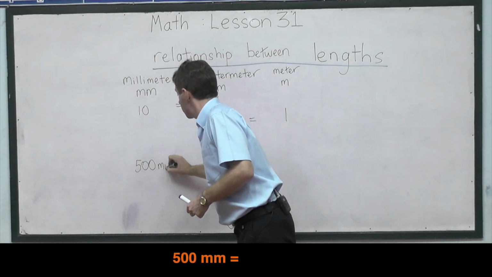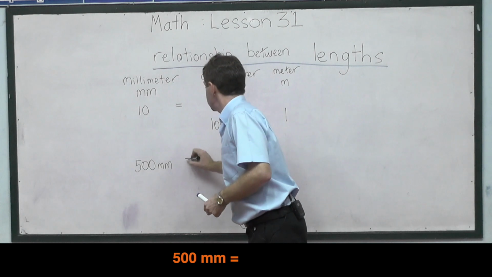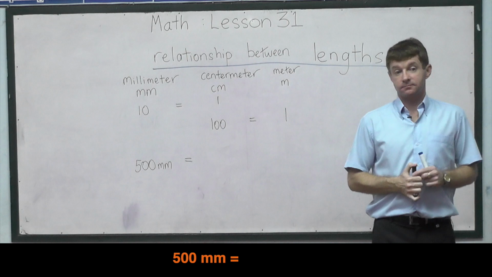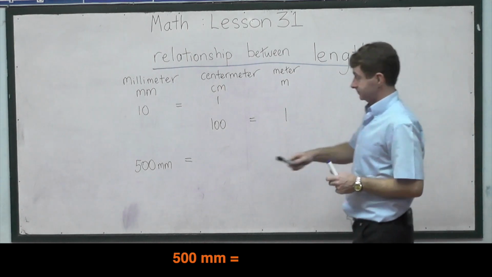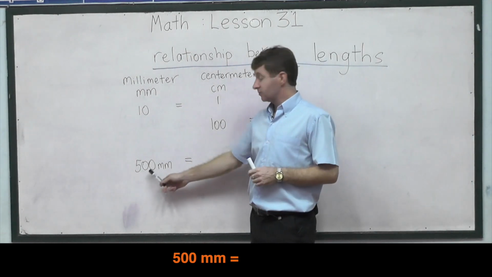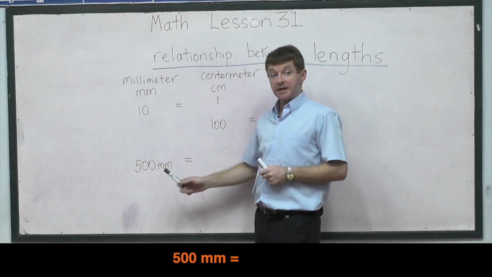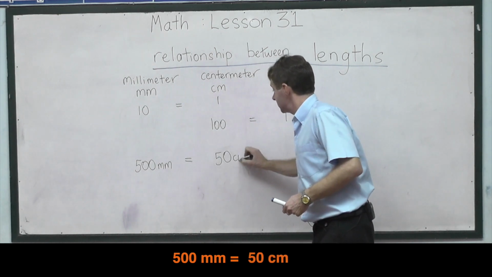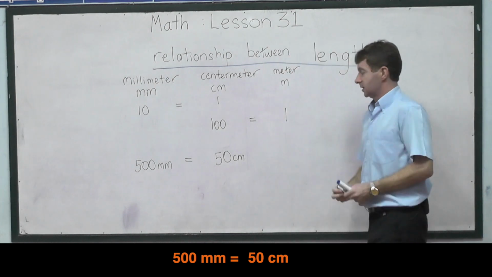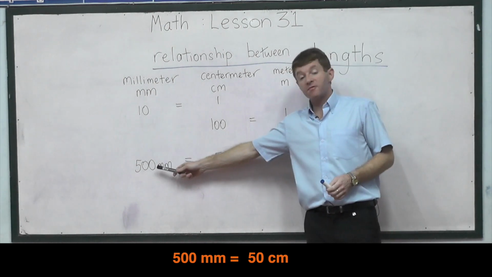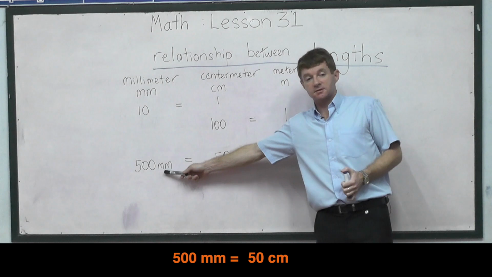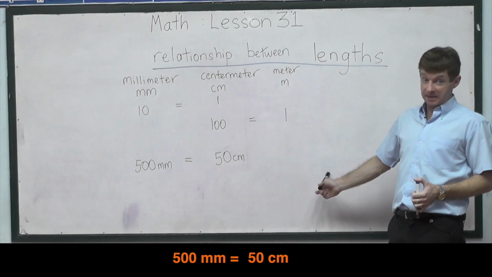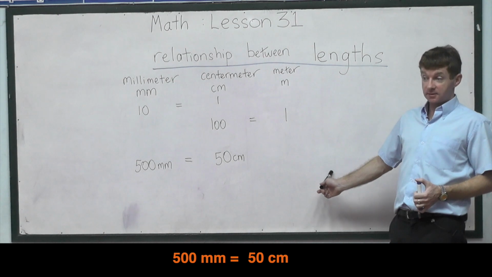So, if teacher Wes says 500 millimeters equals how many centimeters? 500 millimeters equals 50 centimeters. 500 millimeters does not yet make any meters, so we don't need them.